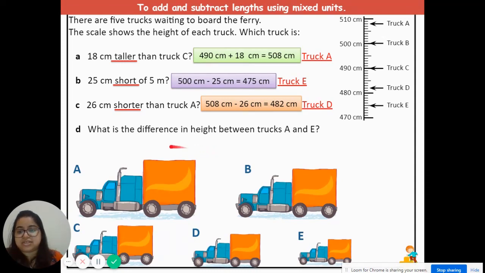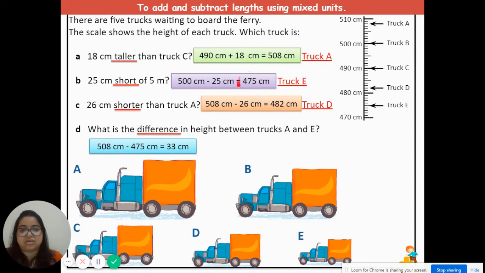Alright, so our question is, what is the difference in the height between trucks A and E? Difference means we have to subtract. So truck A, if you see over here, is given already. So 508 centimeters.